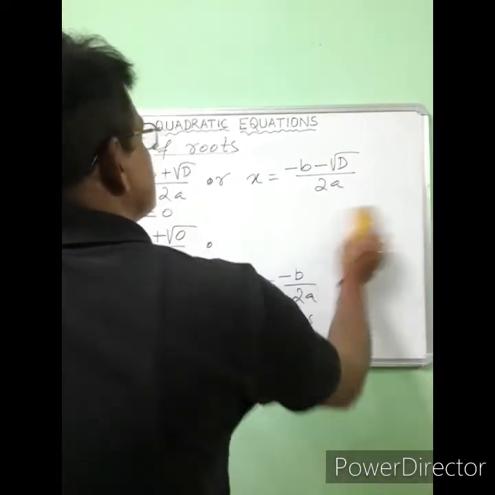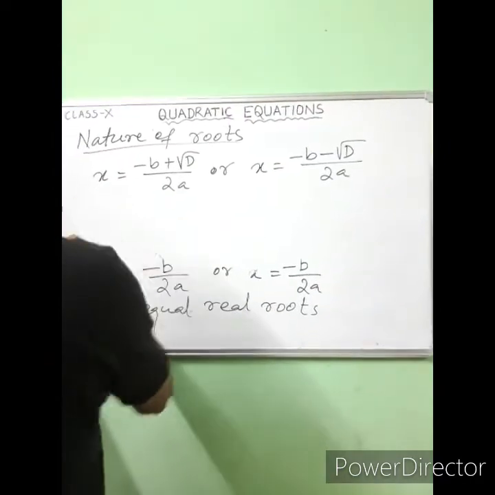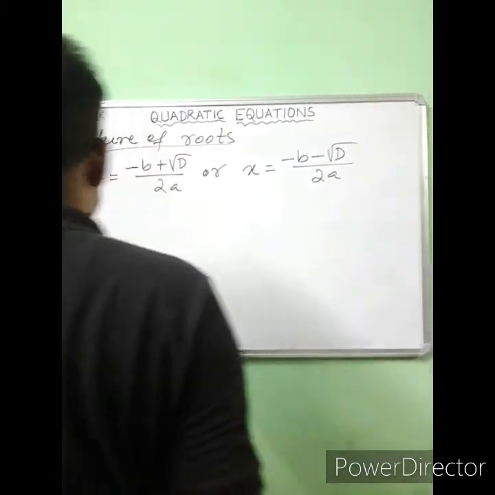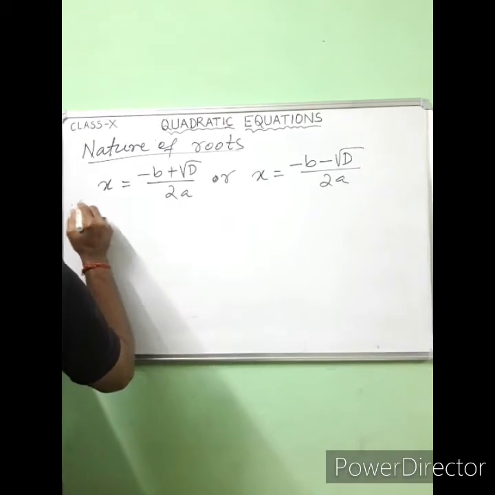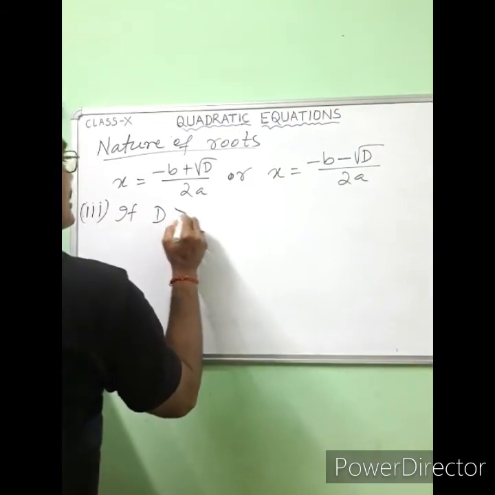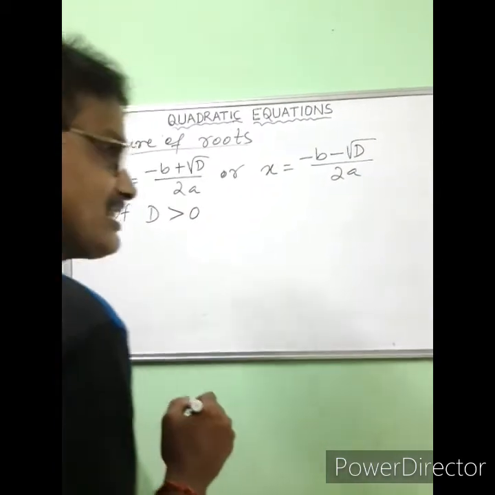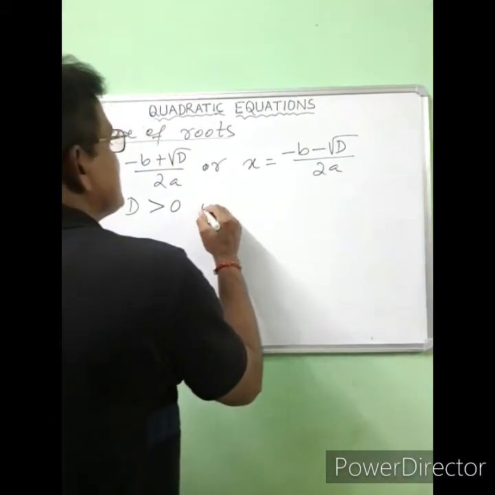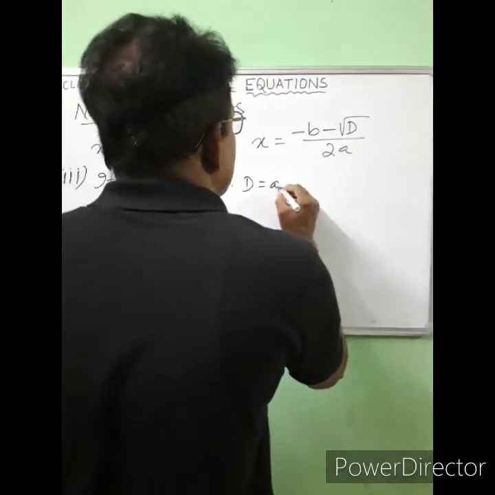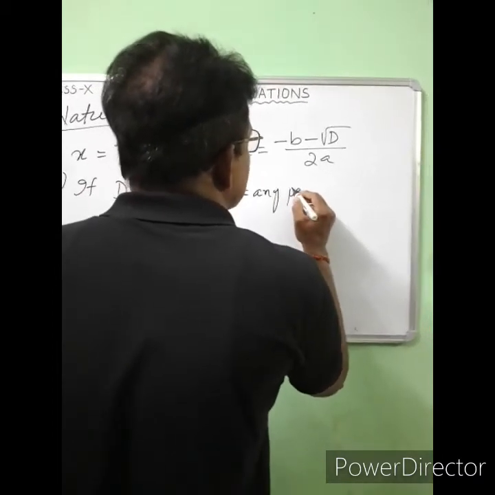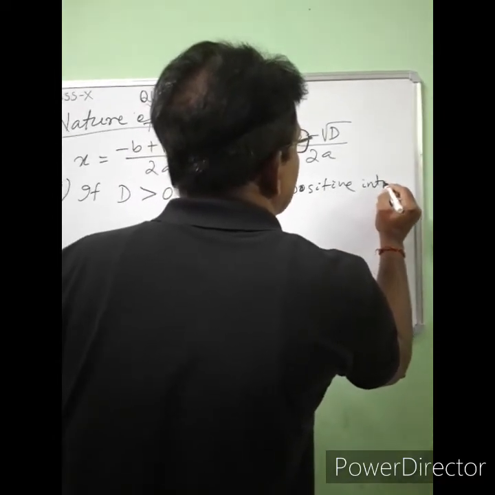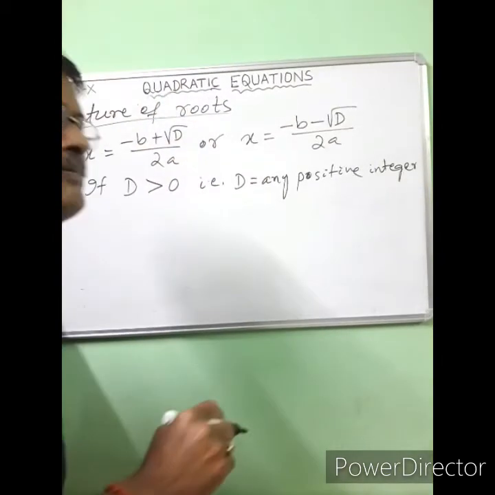Next, nature of roots number 3. If D is greater than 0, that means D is equal to any positive integer.